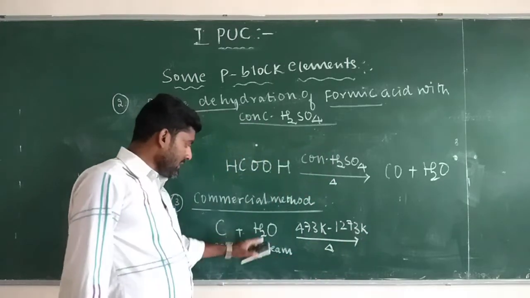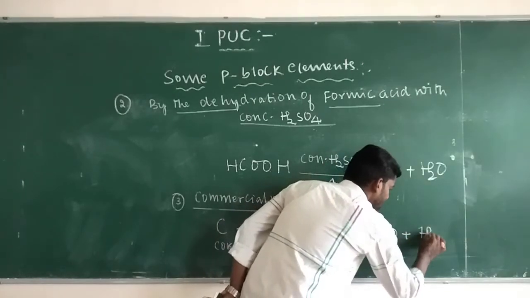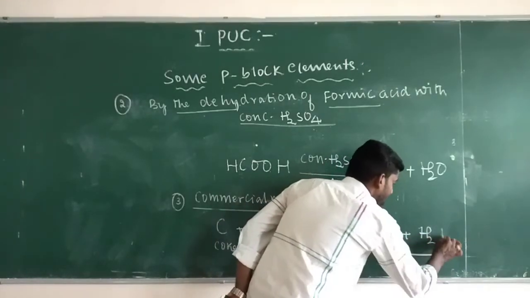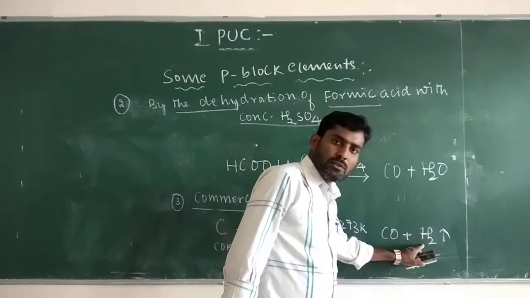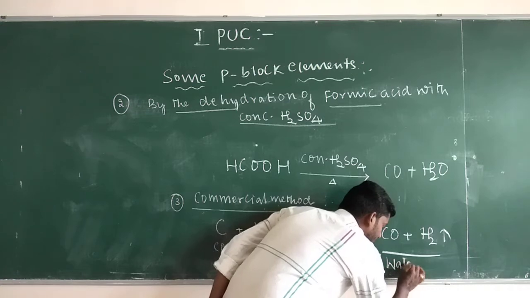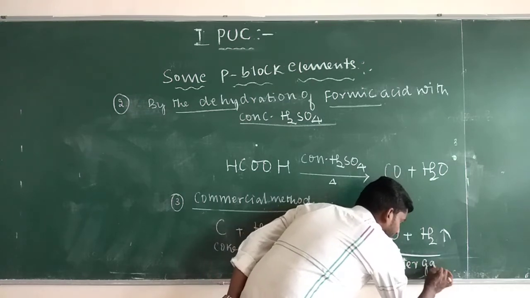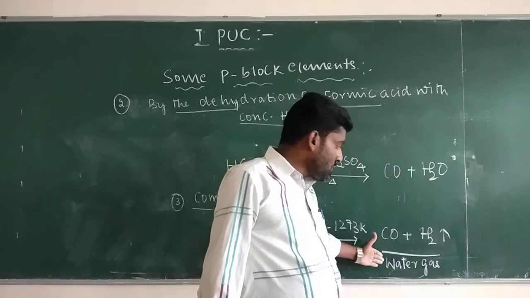When coke is heated with steam, carbon monoxide plus H2 gas is obtained. This mixture, carbon monoxide and dihydrogen gas, is called water gas. So CO and H2 is called water gas.